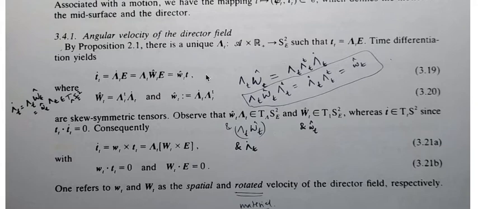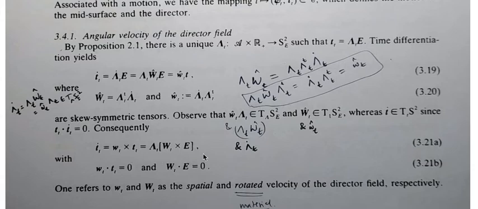This we have already seen in corollary 2.2, where we saw that omega hat lambda was lying in the tangent space of SE square at lambda, and how that is related to the tangent space of S square at t when we take its cross product with t. So this is essentially what is being done here by taking this W hat t, or in other words it is written as W cross t.